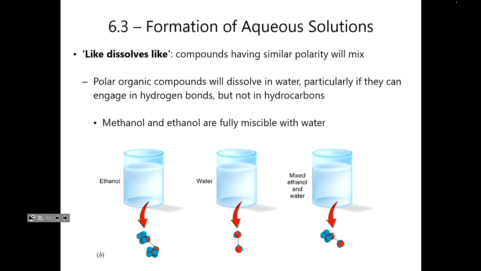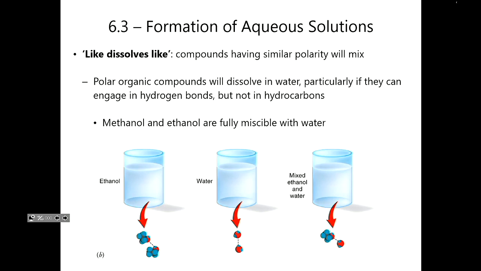Again, if you consider polar substances, so organic substances that are polar will, for the most part, dissolve in water, particularly if they're capable of engaging in hydrogen bonding, which is the main interparticle force that exists in water.